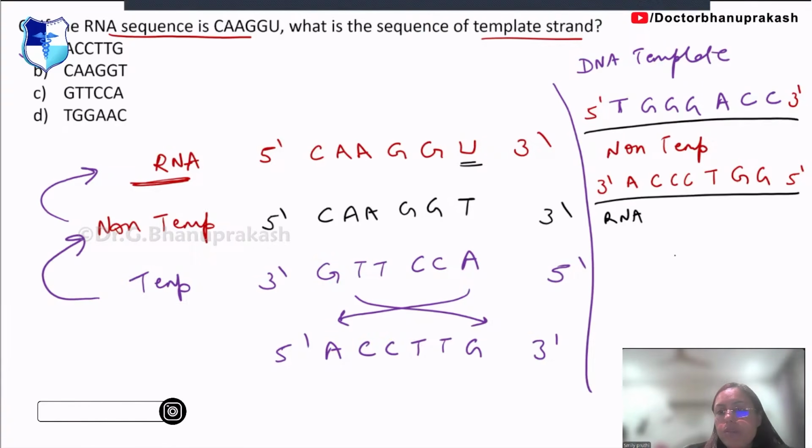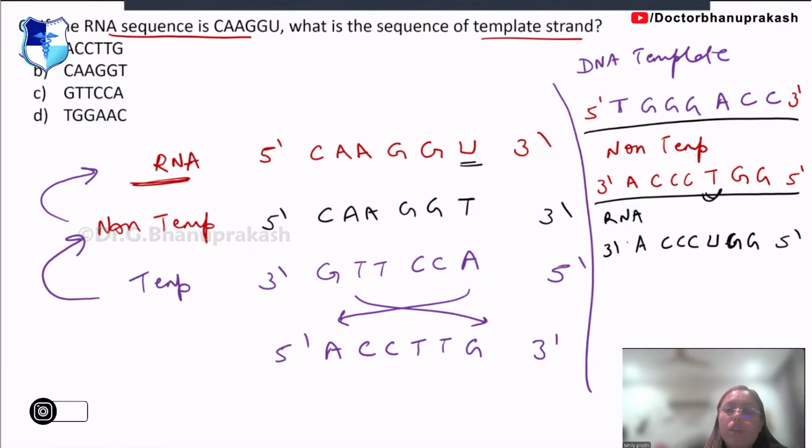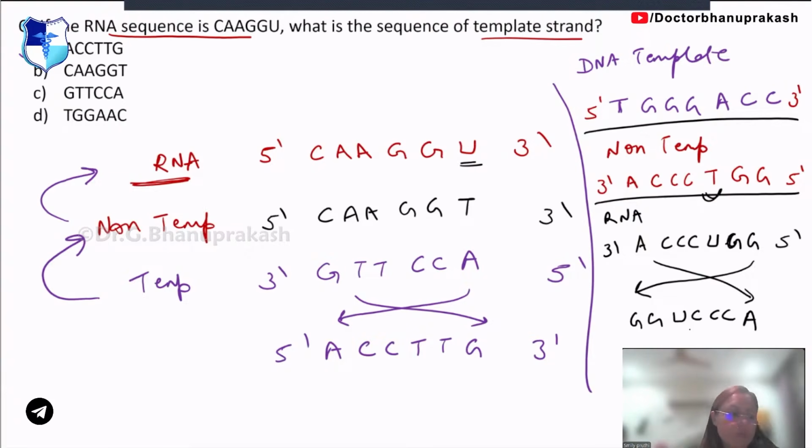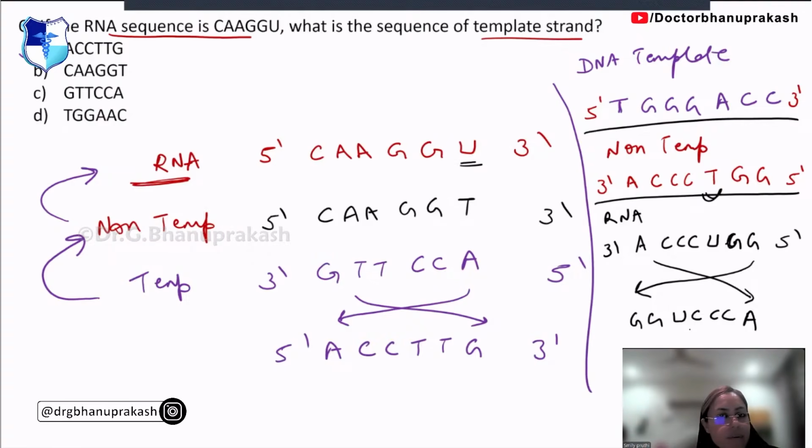RNA will be the same as the non-template strand, just replace T with U. Rest everything same. Now for the answer, bring the 5 dash to the left hand side. So G, G, U, triple C, A. This is the answer.